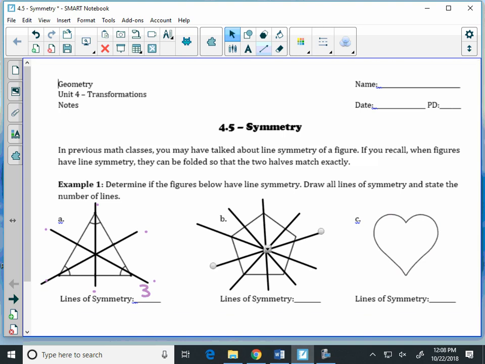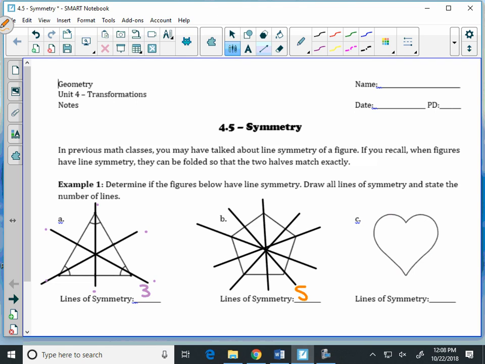A little off. How many lines of symmetry did we draw? 5 lines of symmetry. Again, if you were to take that figure and fold it along that line, it will match up perfectly. Okay? All 5 of those lines.